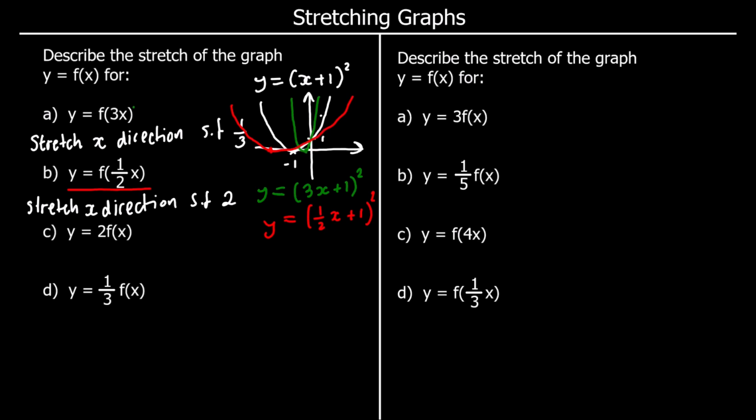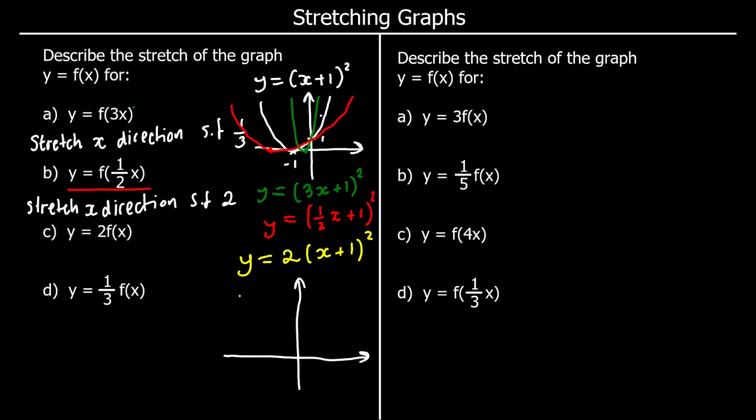Again, if our original graph was y equals x plus 1 squared, if it's 2 times f of x, that's 2 times the whole function. It'll be 2 times x plus 1 squared. It will double all of the y coordinates. I'm going to do another drawing down here.